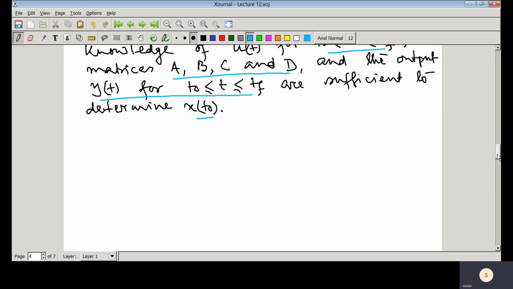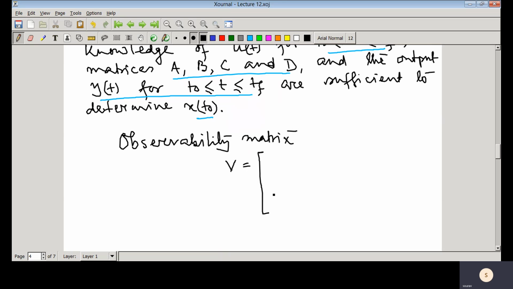Similar to controllability, there is a matrix which is called the observability matrix, and of course the observability depends on the A matrix and C matrix. In case of controllability, it depends on A and B, system matrix and input matrix. And in case of observability, it depends on system matrix and output matrix.